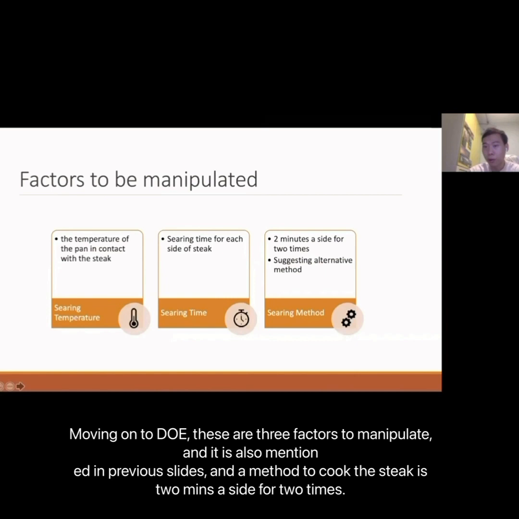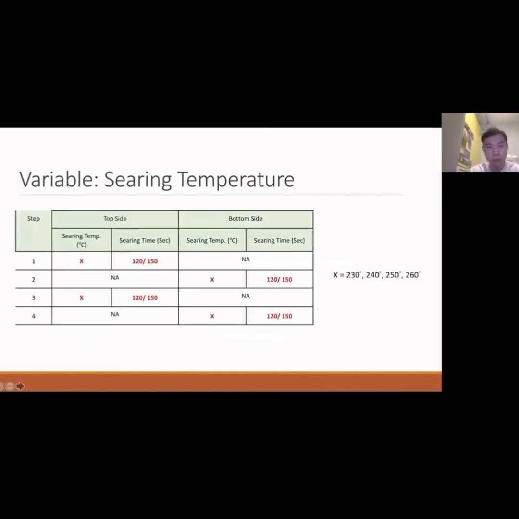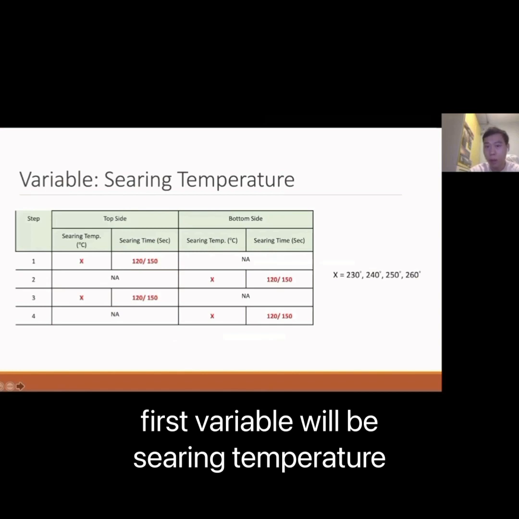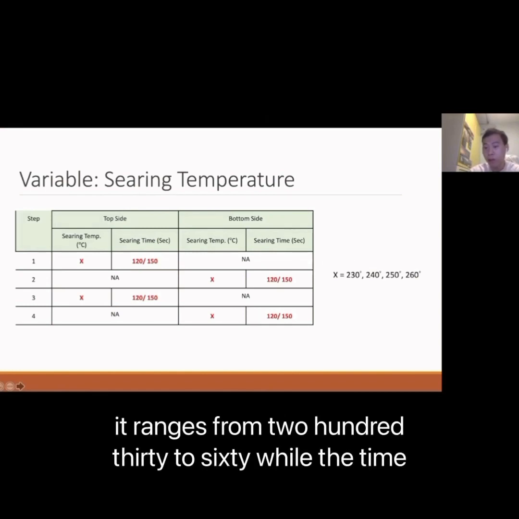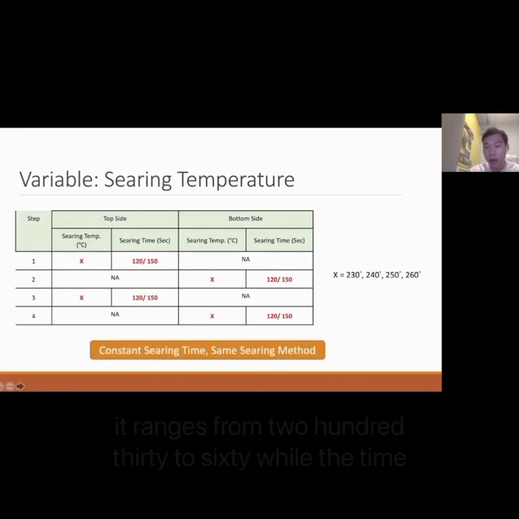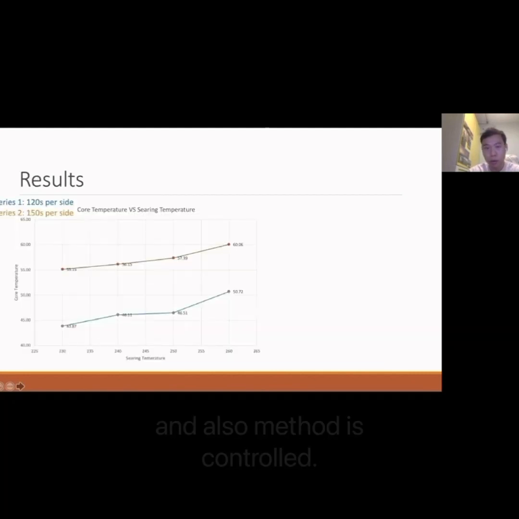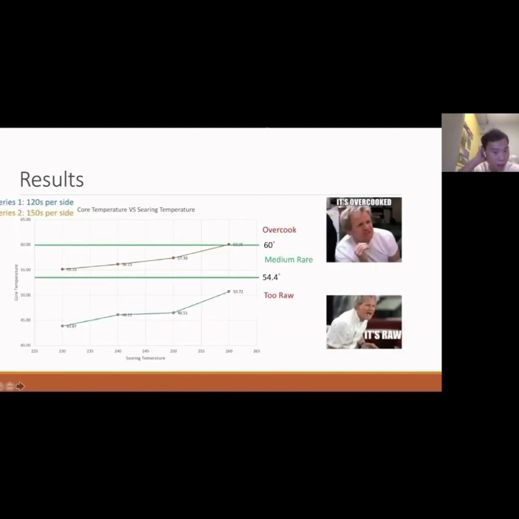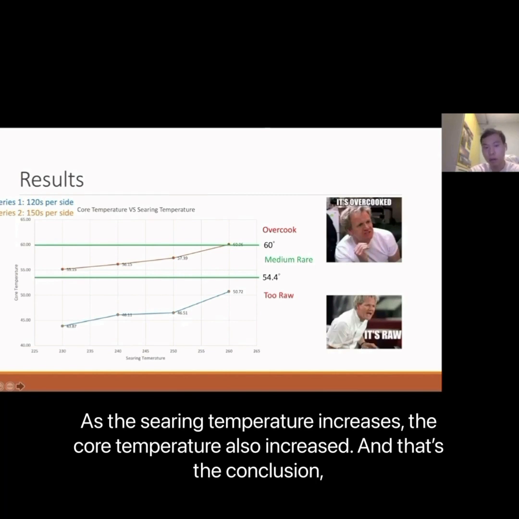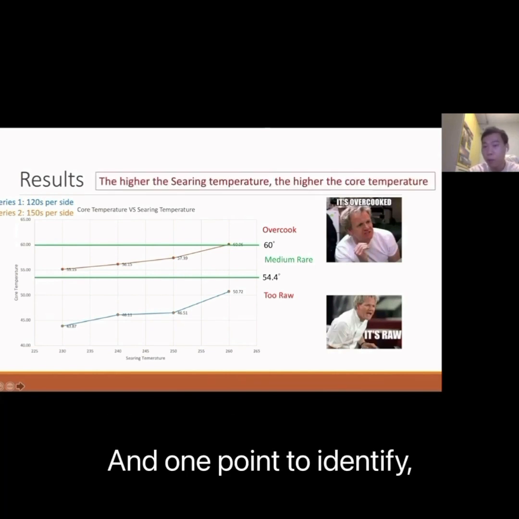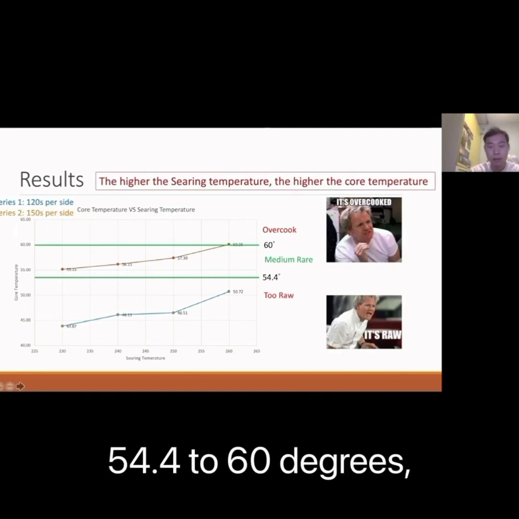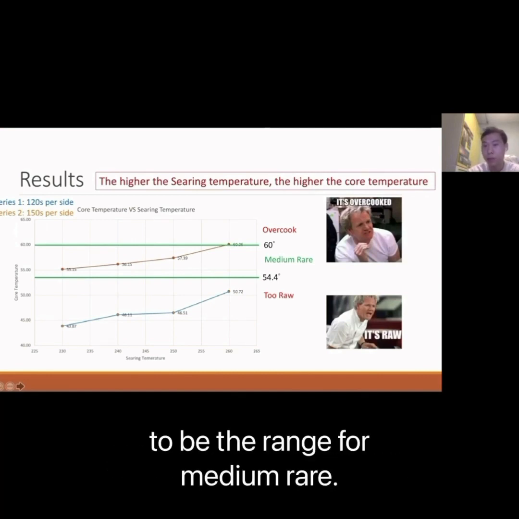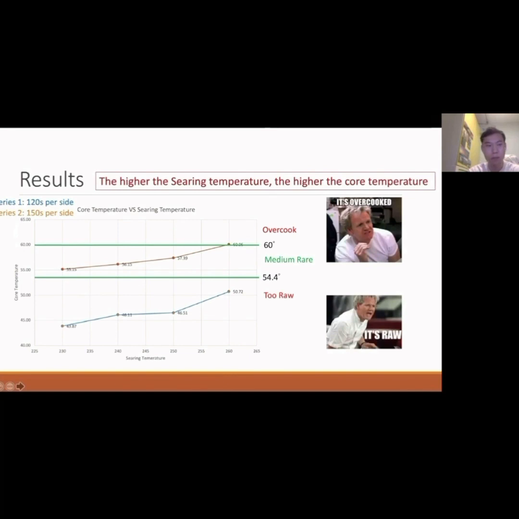And our method to cook the steaks is 2 minutes a side, 2 times. The first variable would be searing temperature. It ranged from 230 to 260, while the time and also method are controlled. As we can see, as the searing temperature increases, the core temperature also increases, and that's the conclusion. And one point to note is that we identified 54.4 to 60 degrees to be the range for medium rare.